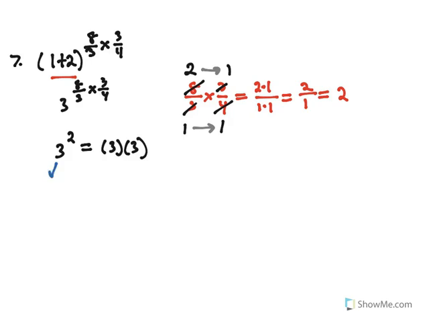Don't forget, this is the base. Okay? And this is the exponent. So the exponent 2 means we take the base 3 and times itself twice. And when you do that, you're going to get 9.